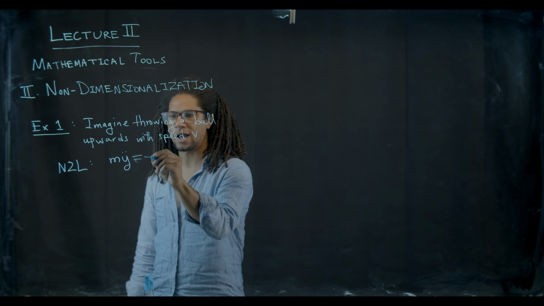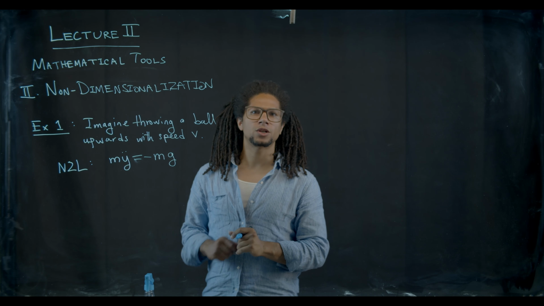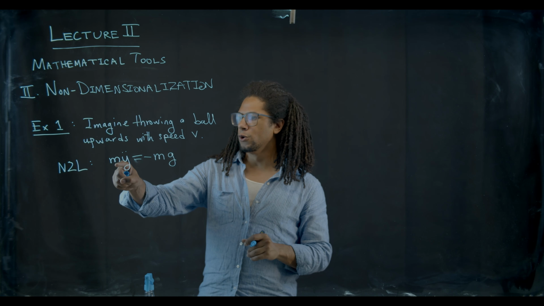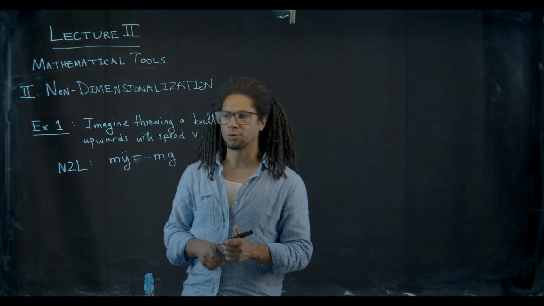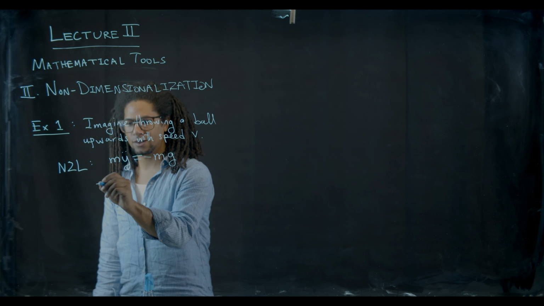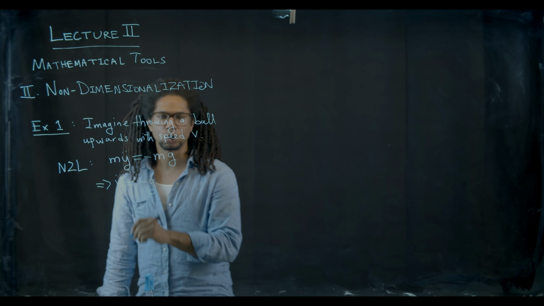It's just going to be minus mg. Now, whenever we do this non-dimensionalization procedure, it's often a good idea to move the m over to the other side, which in this case would be sensible anyway because it cancels with the m on the right-hand side. So let's do that. This implies that y double prime is equal to minus g.